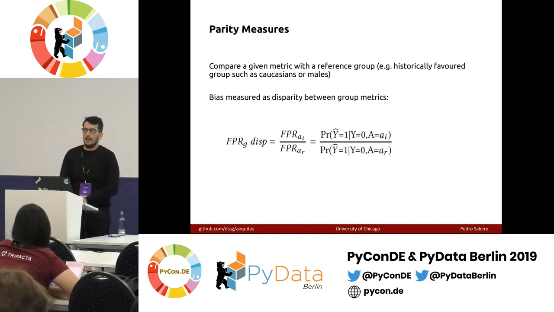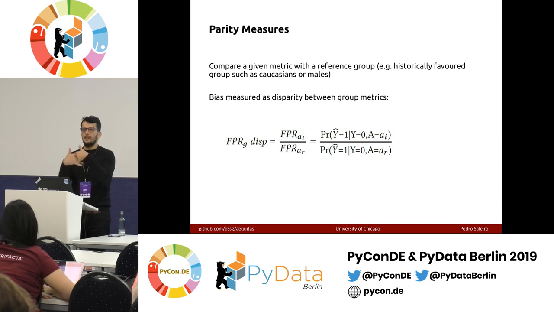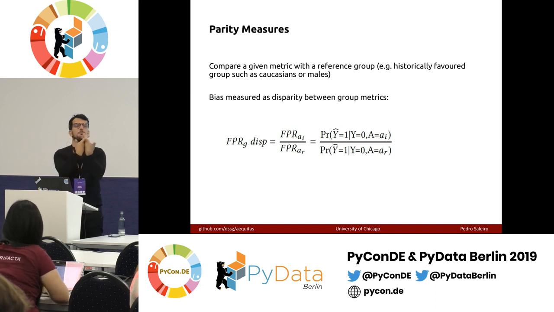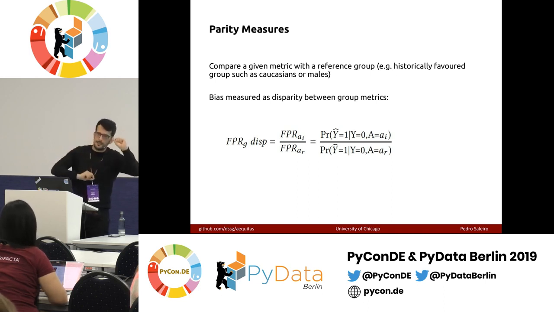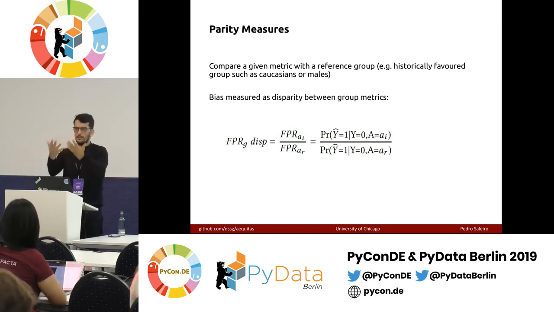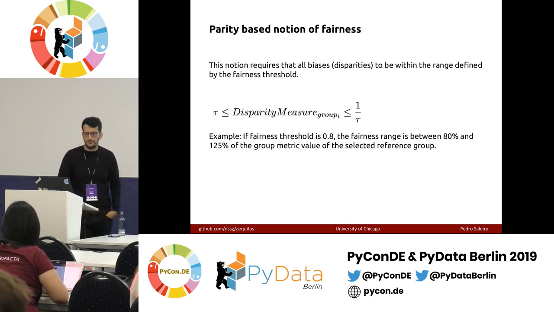And this is really an interesting way of calculating, because it allows you to communicate more simply. If you tell a non-technical person that you are making 3 times more mistakes for innocent people that are non-white than white, it's easier to communicate than saying your false positive rate is 0.85 versus 0.77. This is really important, to communicate in a clear way. This is how parity measures are useful.